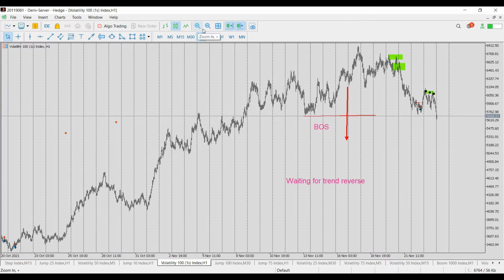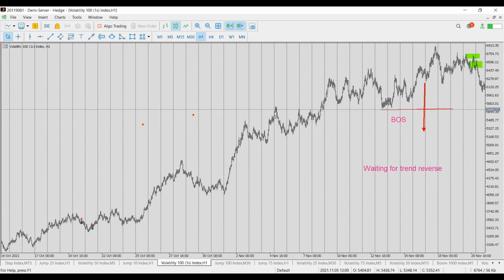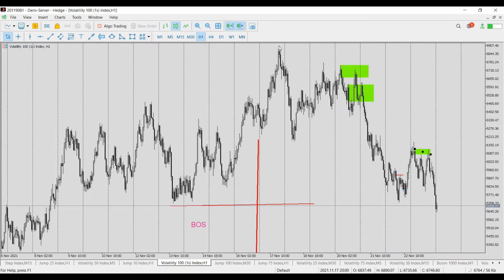I wrote "waiting for trend reversal", about 2 weeks ago or so. When the trend reversed, the first thing you look for is your overall direction. From this point, we can see there has been a reversal in the market, so the market is beginning to sell.